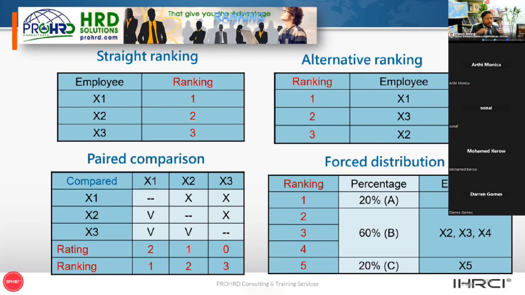For example, if you don't have this system, everyone will be rated good and above expectation. So in order to break that monotony, they are bringing this kind of system to justify where exactly they belong. They have to be put in a certain appropriate place.